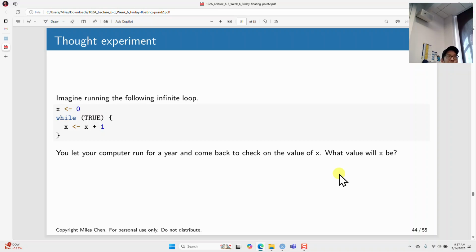Let's say you walk away from the computer for a year, maybe 10 years. You come back and say, all right, stop. You break out of the loop and ask, what is the value of x? What do you think x is going to be?